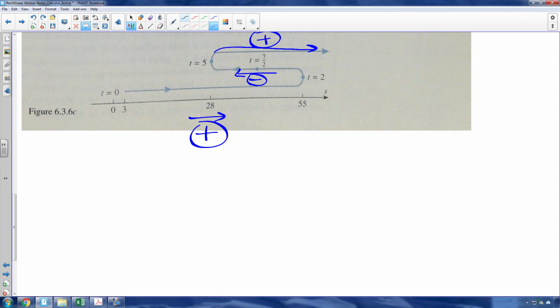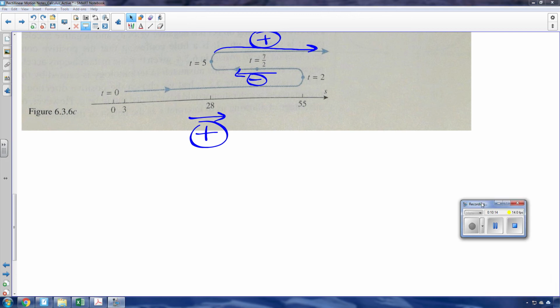So velocity is positive up until 2, then negative till 5, and then positive again. That's what's happening there. It's kind of cool to see what happened in this diagram. The object went along, then turned around, and then it turned around again. Okay. Very good.